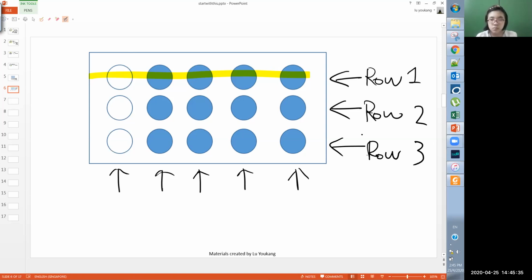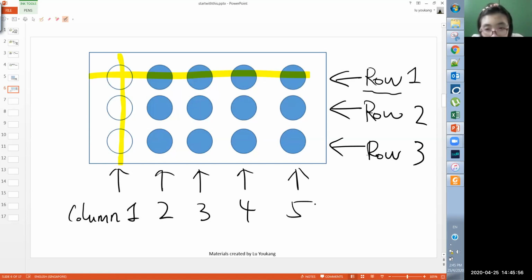Then what about vertically? Vertically is called a column. So you have column 1, 2, 3, 4, and 5. Okay?